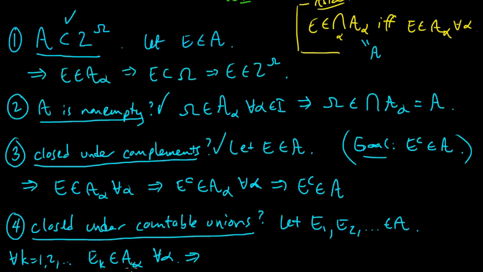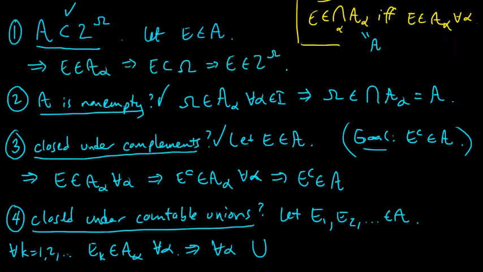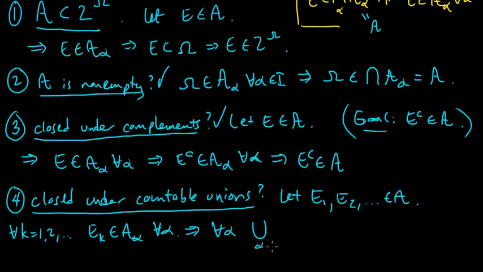And since A alpha is a sigma algebra, the union over k from 1 to infinity of the Ek's is in A alpha, because A alpha is a sigma algebra.